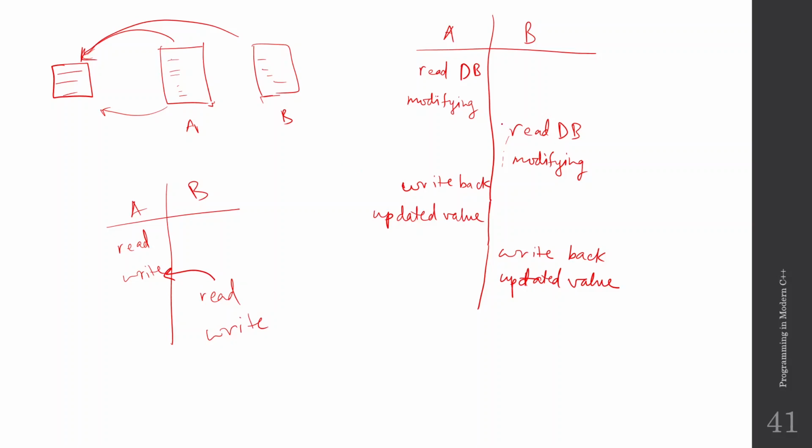But in this case, what is happening is that B is reading the old value. Okay, it is not reading the updated value because the updated value has not been calculated yet. And then A is doing all this, and then B is modifying and writing the value which is based on the old data and not the new data. So in a way some information is lost over here.